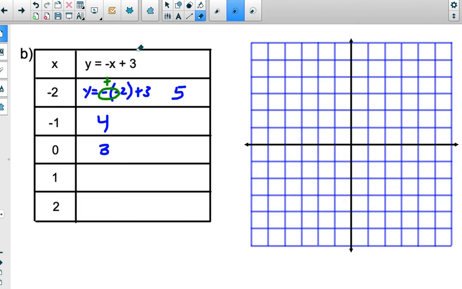Let me just erase this and clean this up a little bit. So once again, subbing in just for the x a 1, now we have -1 plus 3 is 2. And if I put a 2 in here, we have -2 plus 3 brings us up to 1.